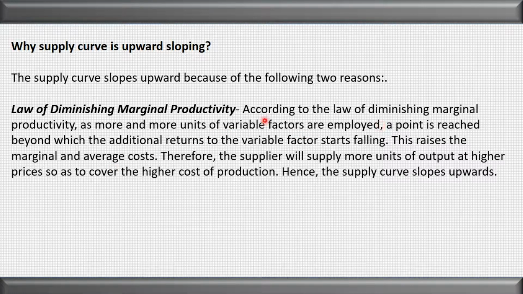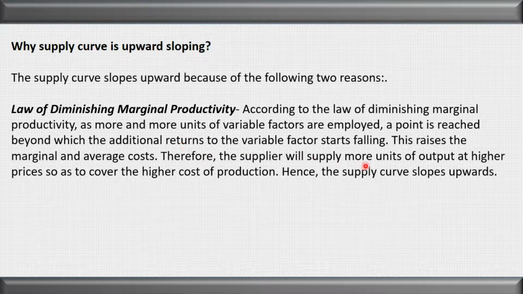According to the law of diminishing marginal productivity, as more and more units of variable factors are employed, a point is reached beyond which the additional returns to the variable factors start falling. Marginal productivity starts falling down. This raises the marginal and the average cost. When the productivity is falling down, what happens? The cost will increase, yes or no?